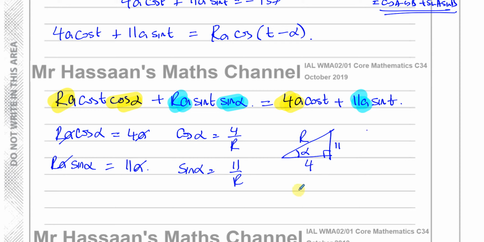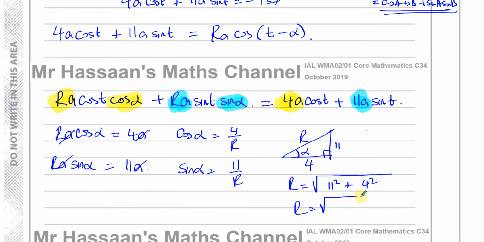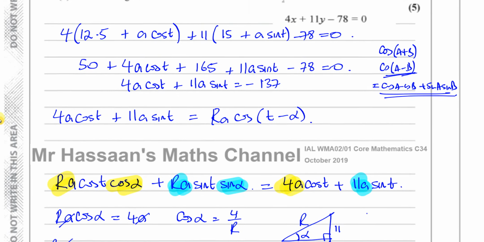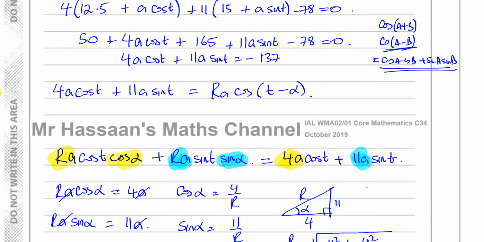Therefore r is going to be the square root of 11 squared plus 4 squared, which is 121 plus 16. That gives you 137. That seems familiar: 137 was the same value here. That looks like it's working out nicely.